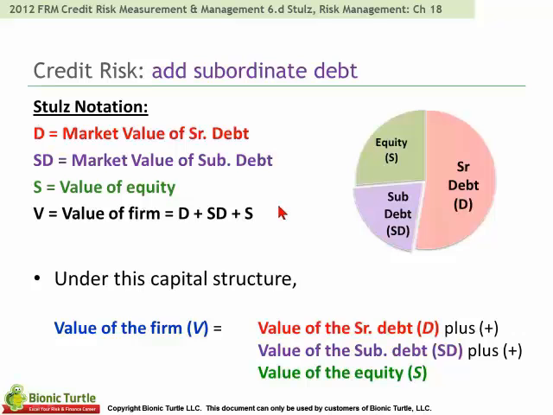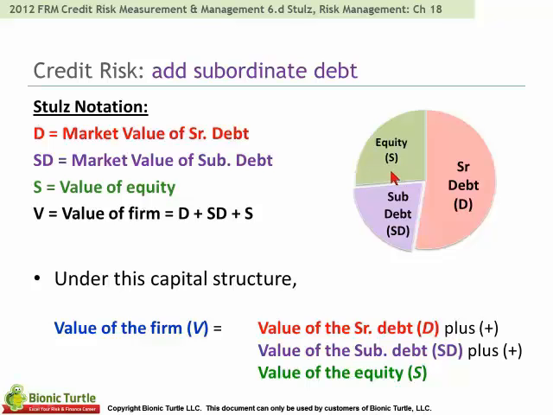And so the additional tweak here is to add a third class, subordinated debt. So now we have senior debt, right? So this senior debt has the senior claim on the firm's assets, then subordinated debt, or we could call this junior debt here, and then finally equity would be last in line, or bottom of the totem pole, or residual claim.